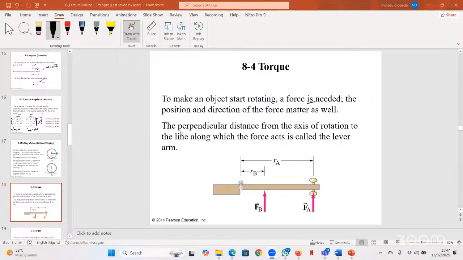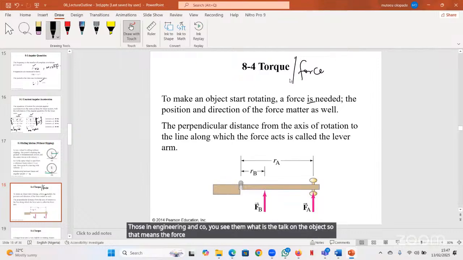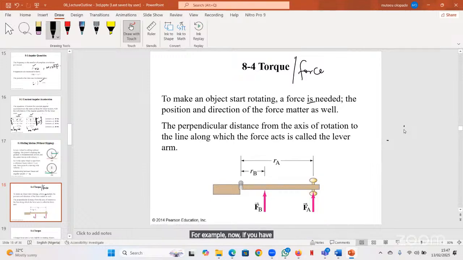So now, a torque, literally, you can refer to it as a force. Those in engineering, you see them, what is the torque on the object? So that means the force. So to make an object start to rotate about a fixed point, for example, if you have the tap that brings out water, usually you have a control attached to it.